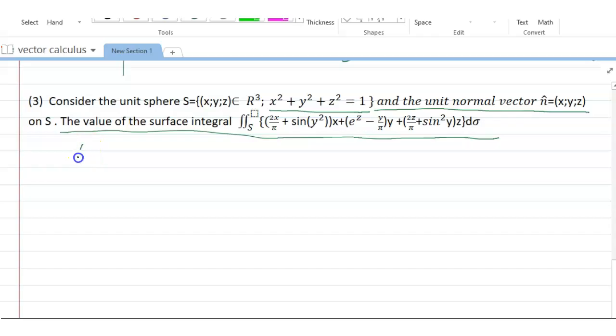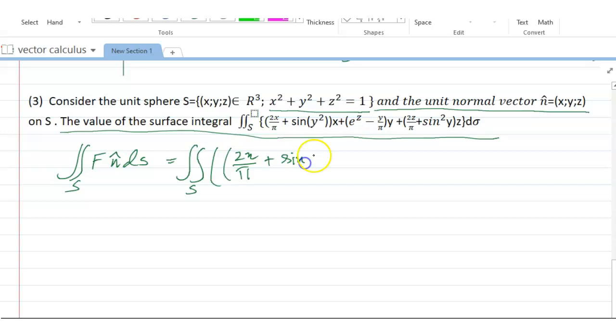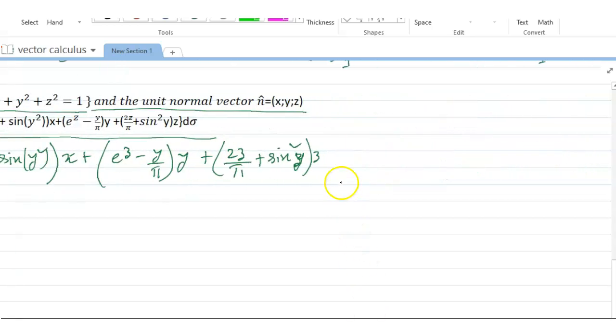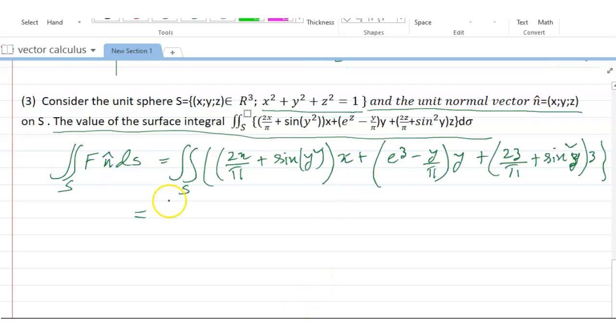So friends, we consider the integral of F dot n dS, equals to the double integral over S of (2x by pi plus sine y square) i plus (e to the power z minus y by pi) j plus (2z by pi plus sine square y) k, dot n, into d sigma.